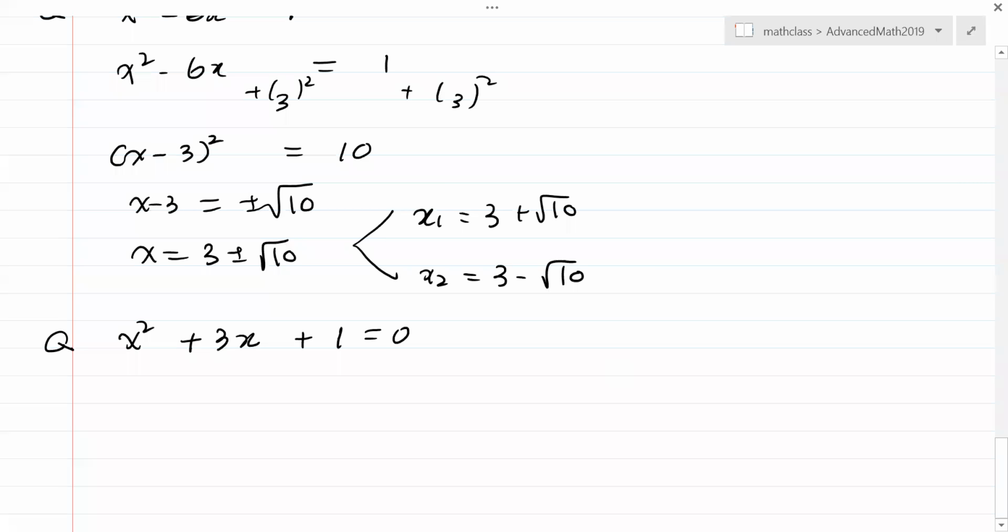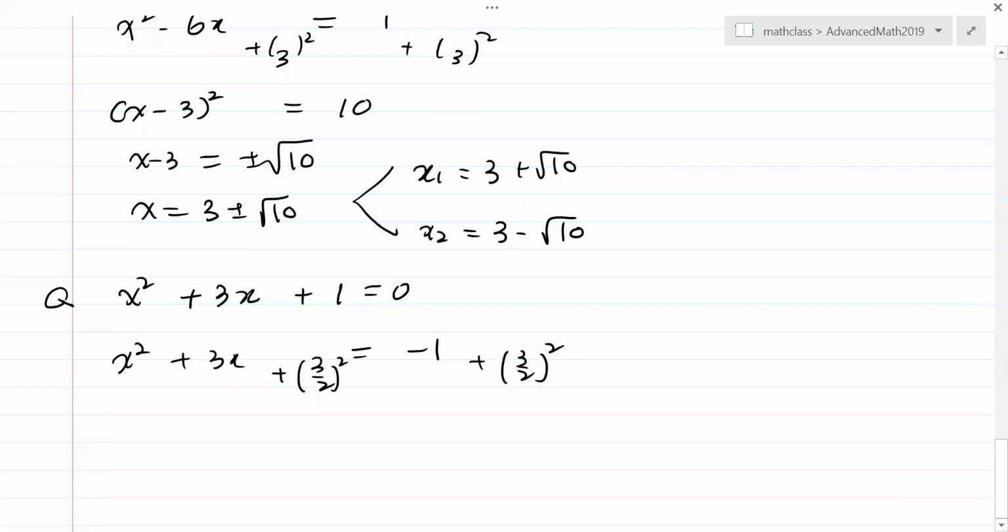This time, the coefficient in front of x is not going to be an even number, so be careful when you complete the square. You have to add half of the number, which is going to be (3 over 2) squared. Half of the number, right, which is 3 over 2.